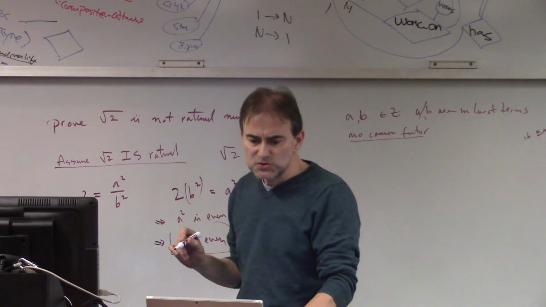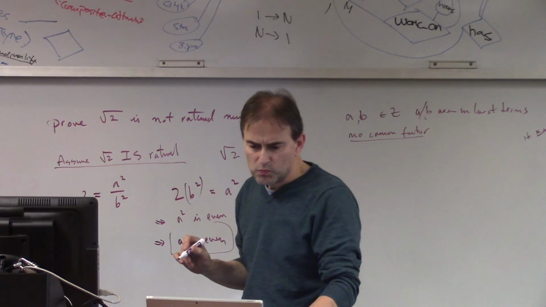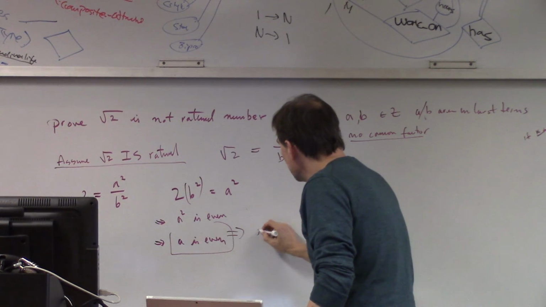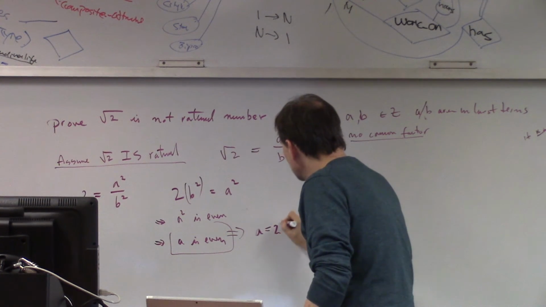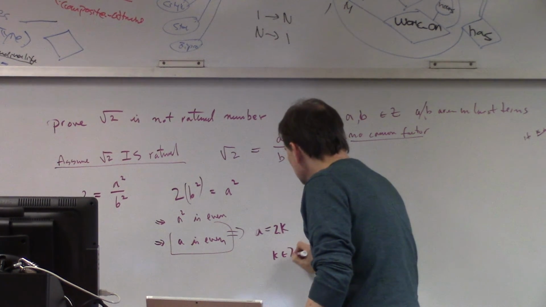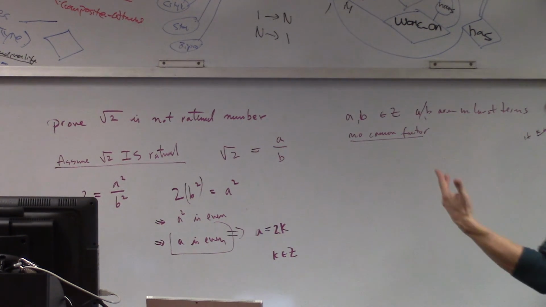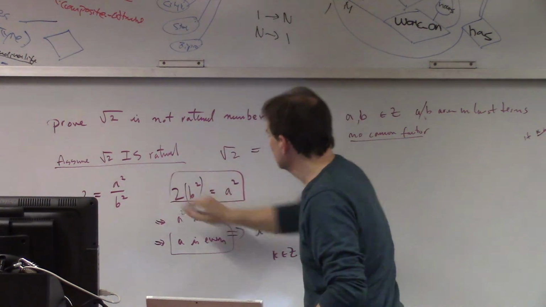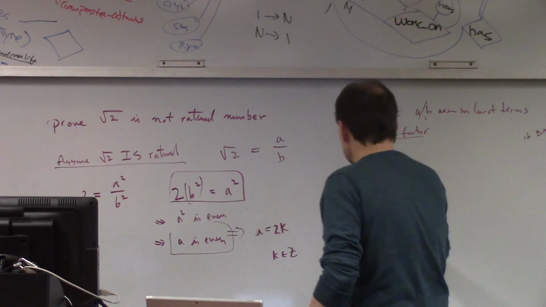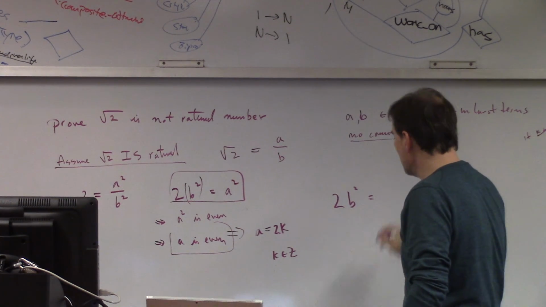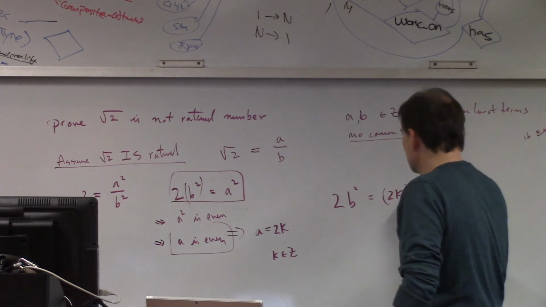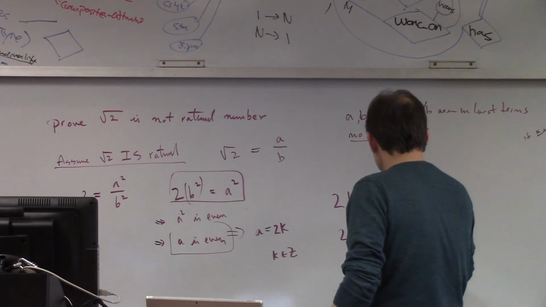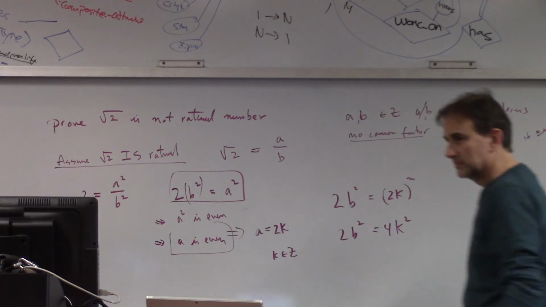So if a is even, that means a is equal to 2k, for k being some integer, right? So every place I have a, I can have 2k. So therefore, I can go back to here, and I can say 2 times b squared is equal to a squared, which is going to be 2k squared. So I get 2b squared is equal to 4k squared.